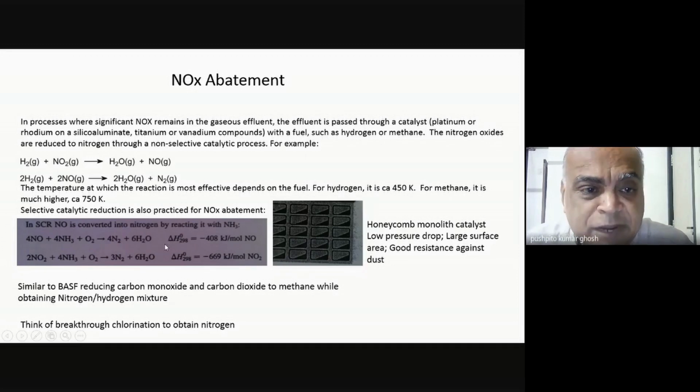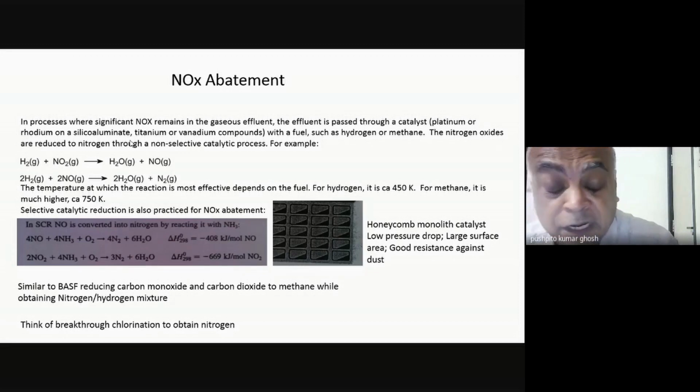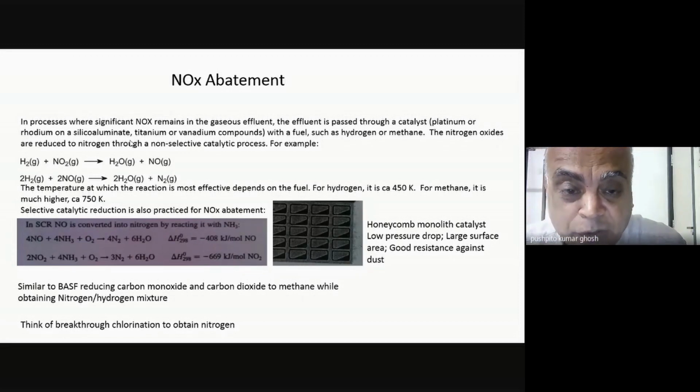Now, this reaction requires a catalyst, and the typical catalysts are the same platinum rhodium type of catalyst, on silico-aluminate, except that the reaction conditions are different. You'll remember that we talked about that if NO is in contact with the catalyst, and is also in the feed stream, then it's possible that it can get converted into nitrogen. There it was unfavorable. Here it is favorable.